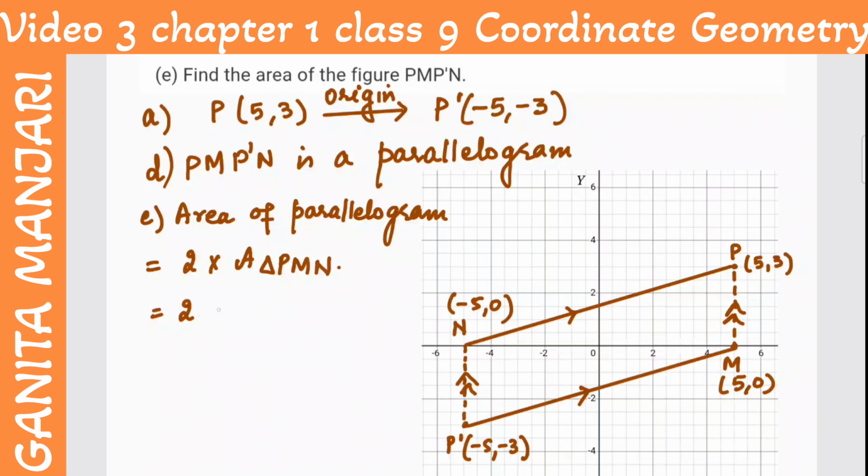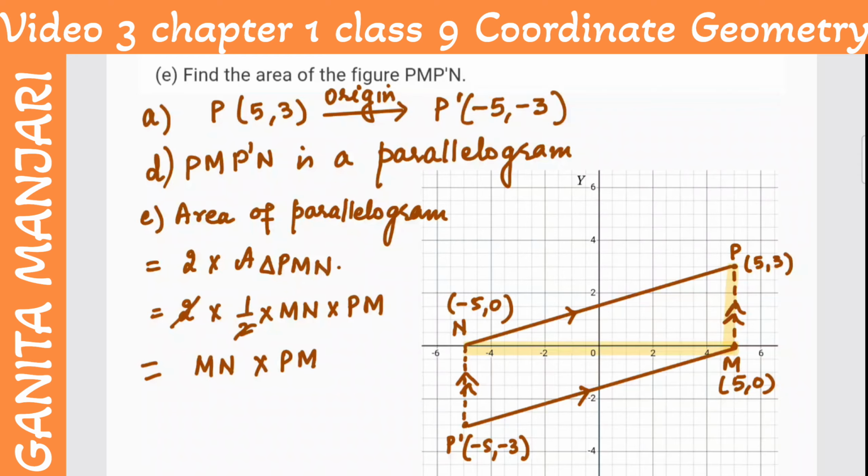So what is the area of a triangle? Half base into height. Here the base is this MN, so MN into height. Height is PM. So the 2 gets cancelled, and it is MN into PM.